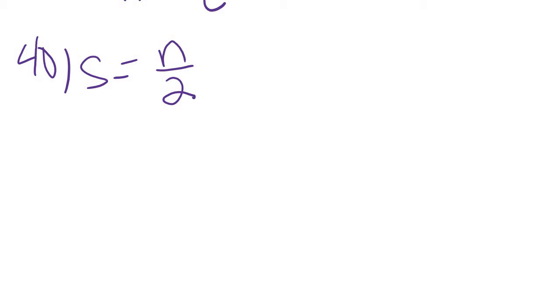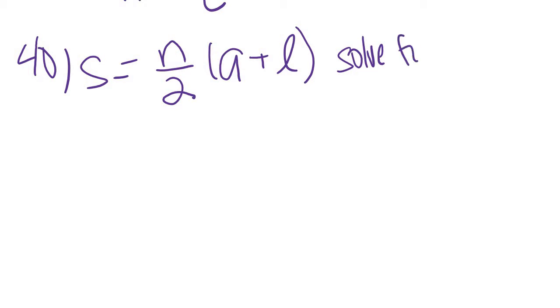All right, now for the next one. S is equal to n over 2, A plus L, and they want us to solve for A. So I could distribute this in there to get rid of the parentheses, but that's going to be a nightmare.